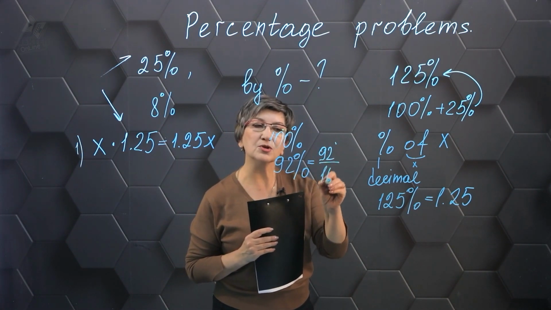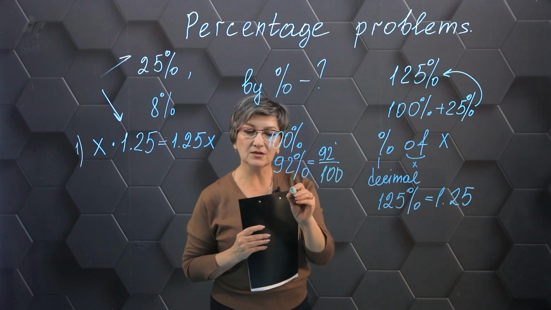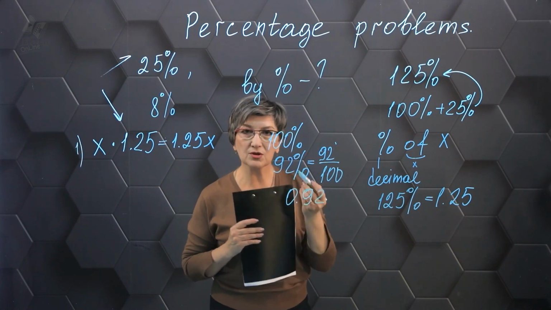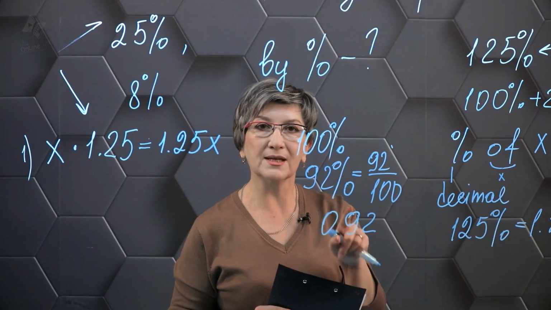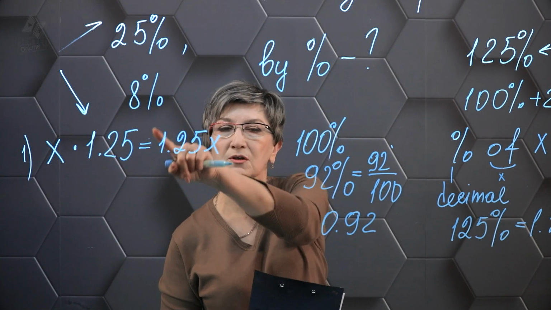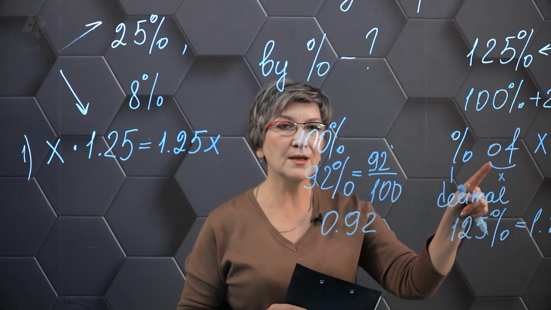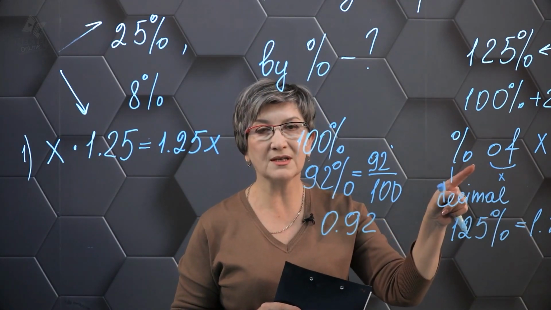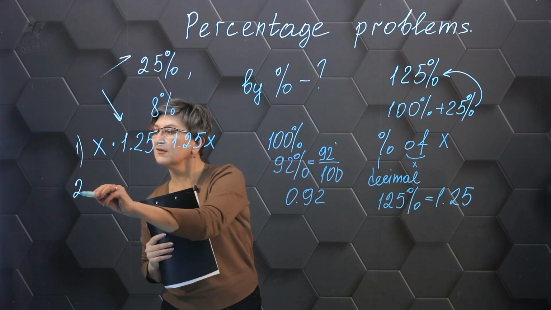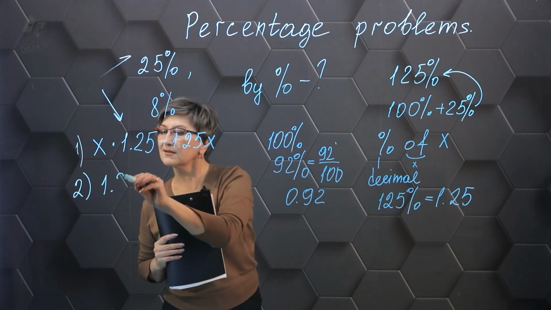As a consequence, we will obtain the numerical value of 0.92. In order to find 92% of our newly acquired number, we have to employ the exact same algorithm that was previously used. We need to multiply our number 1.25x by 0.92.